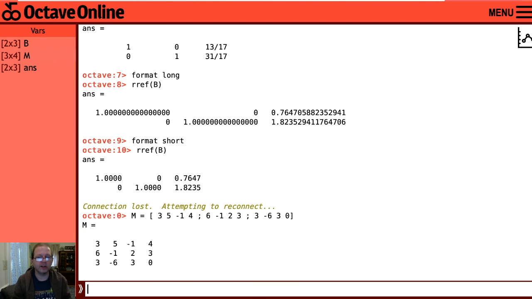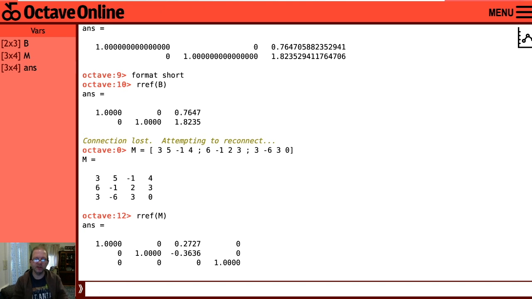I love using Octave for this because it's so much faster to type a matrix in here than it is on a calculator. So if I take the reduced row echelon form of this, notice what it gives us there on the bottom. This bottom line says 0 equals 1. That'll always happen if your system has no solution.